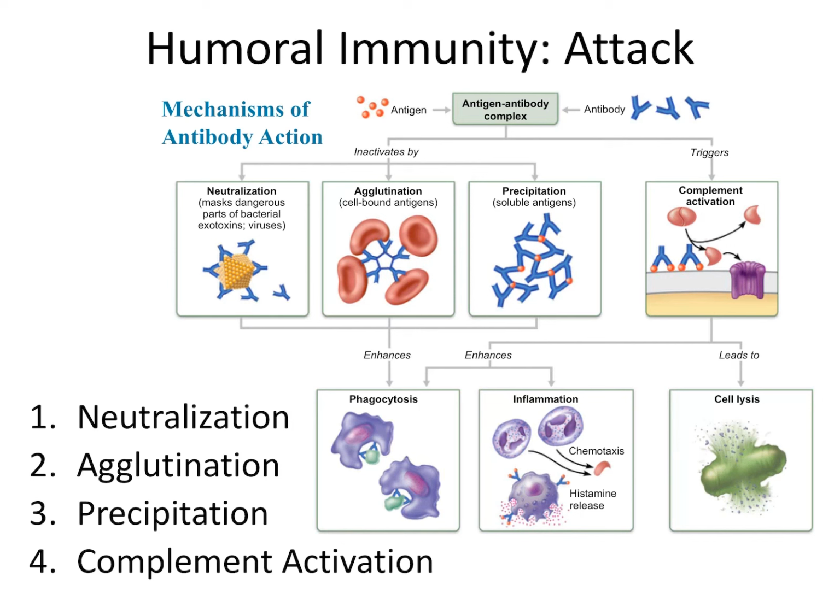Finally, we can see that antibodies, once bound to their particular antigen, can enhance the activation of complement. So if you recall, when we talked about the complement system, we said there were 3 different ways of activating it. And the first way we talked about, we said it would be involved with adaptive immunity because it required an antibody to trigger it.